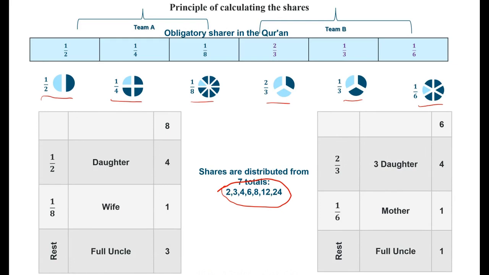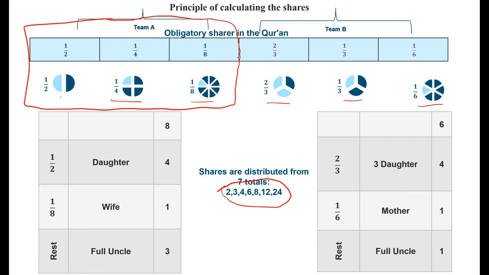In this case, if we have Team A, which is all of the even numbers, the numbers that go on each other: a half, 50%, half of half, 25%, and then half of half of half, which is 12.5%.